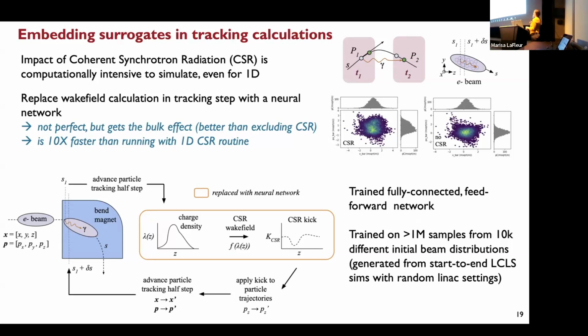So this is an example of one of these types of calculations called the coherent synchrotron radiation effect, where essentially for every particle in the beam, if you go through a bending magnet, it will emit a photon and then hit a particle in the beam at a later point in time, and every single particle in the beam distribution, which in practice has millions of individual particles, is going to be doing this, and you have to compute that at every time step of tracking through the magnet. And so this becomes extremely computationally intensive, and it matters quite a lot.